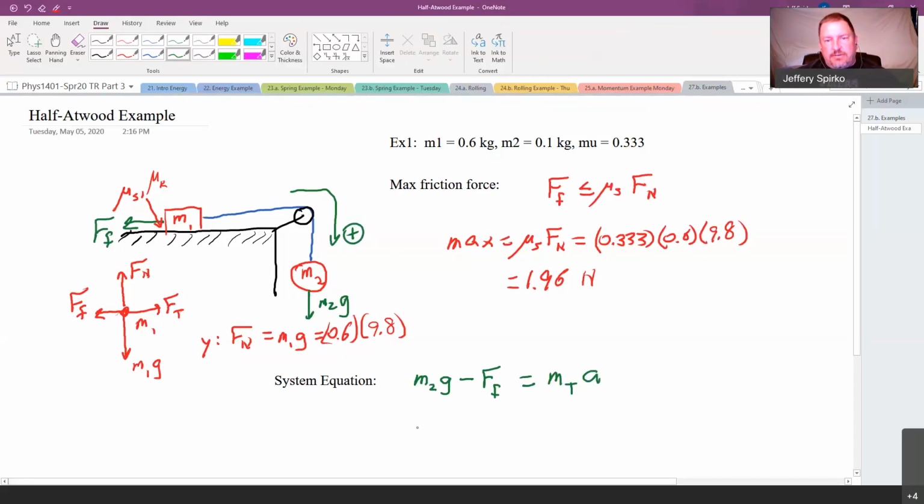So in this equation, I can figure out M2G, that is 0.98.